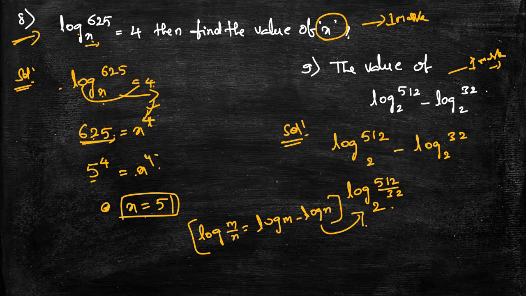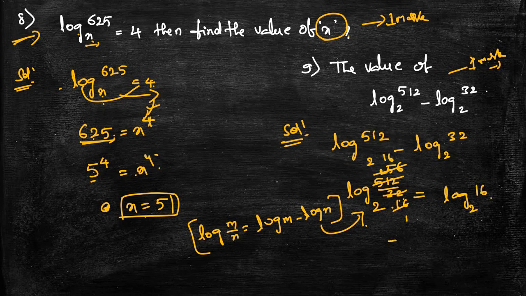Now it will become, by cancellation, 2 sixes are 12, 2 16s are 32, 2 256s are 512, so 16 will come. So log of 16 base 2 will come here.